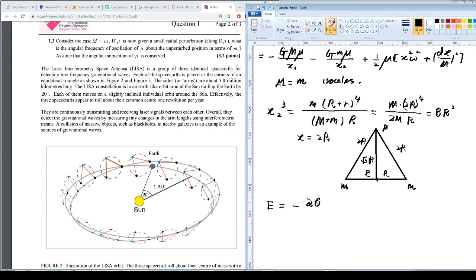It will be twice GM mu over x1 plus 1/2 mu times x squared omega squared plus dx/dt squared.